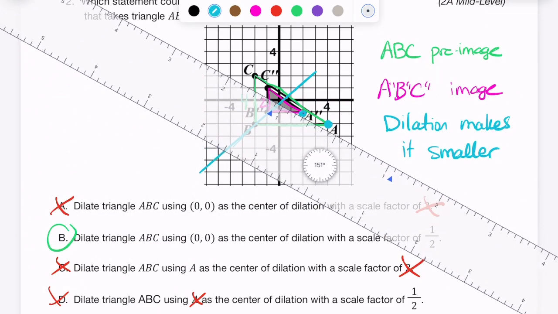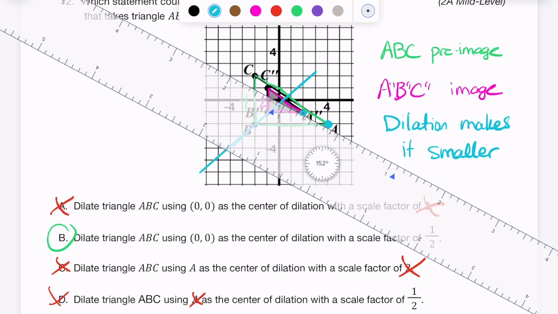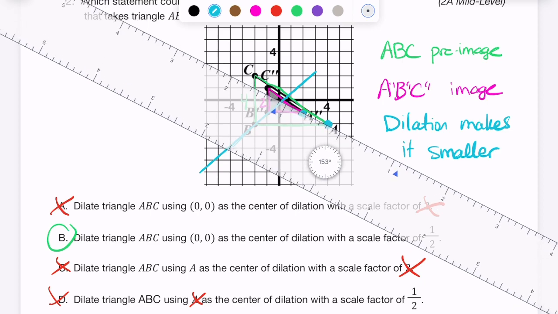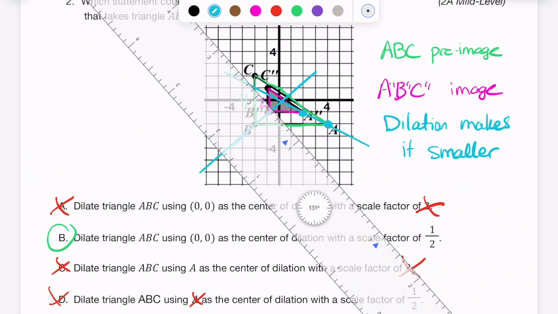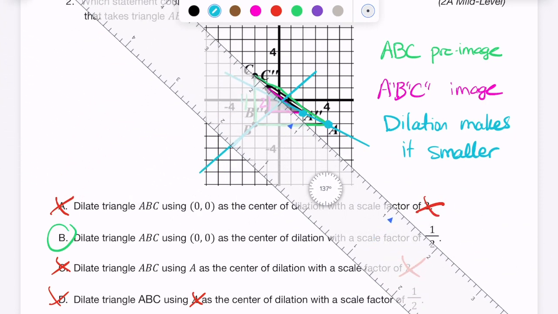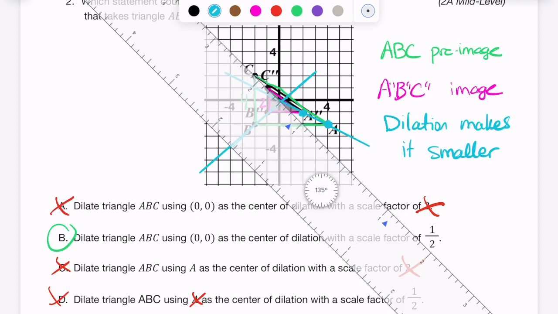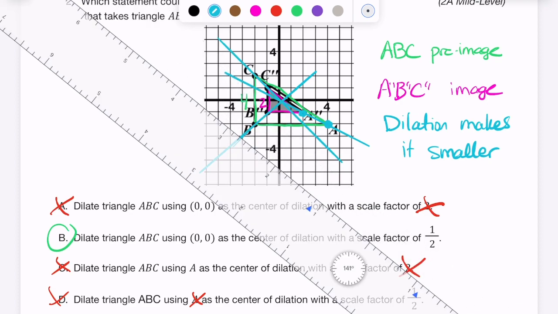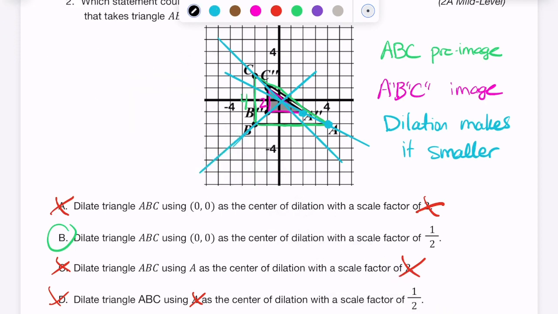Here's A double prime. I draw a line that connects them. And then here's C and C double prime. And I draw a line that connects them. And those all intersect right here at the origin at 0, 0. So that has to be my center.